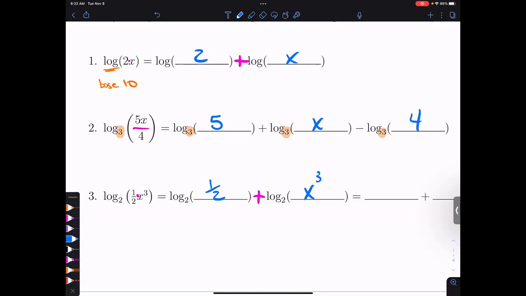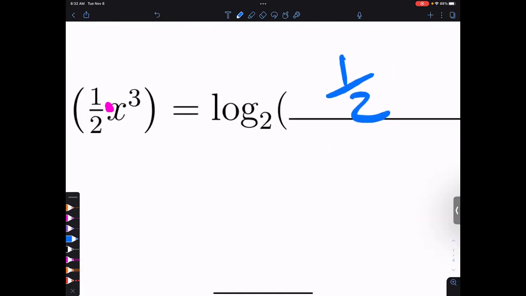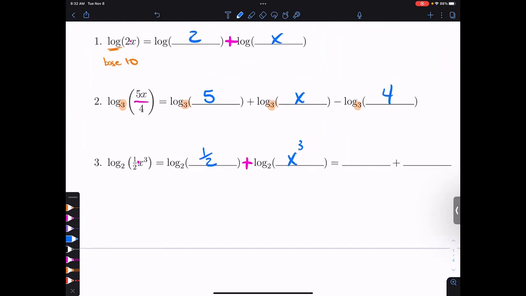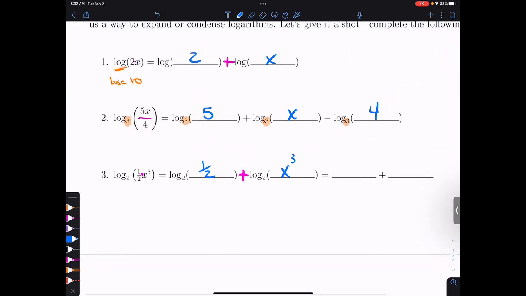And then within those pieces, I'm going to look for more stuff to do, right? So now I'm going to zoom in and think about these one at a time and decide if there's anything else we can do with them. The log base 2 of 1/2, is that one that we can evaluate? That's going to come out nicely. Is there a good way to think of 1/2 as a power of 2?